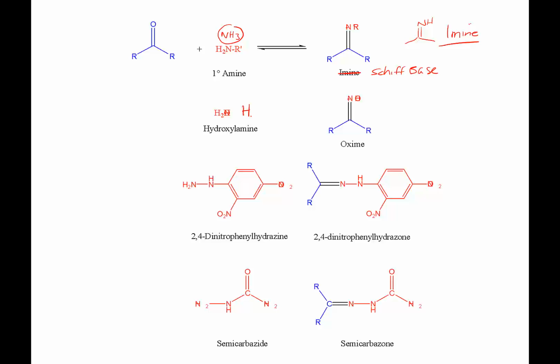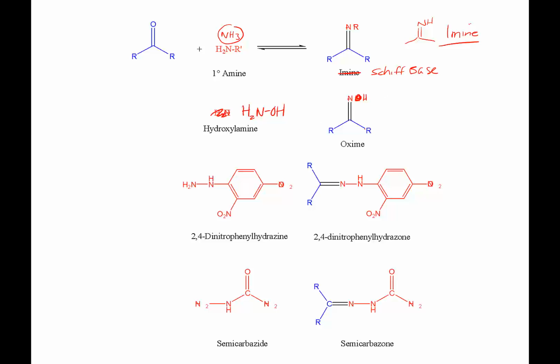Hydroxylamine is, I'm just going to write it, for some reason PowerPoint ate the structure. So you would take hydroxylamine, which, let me rewrite this. So this is an N with an OH. So the hydroxylamine is nothing more than a primary amine.